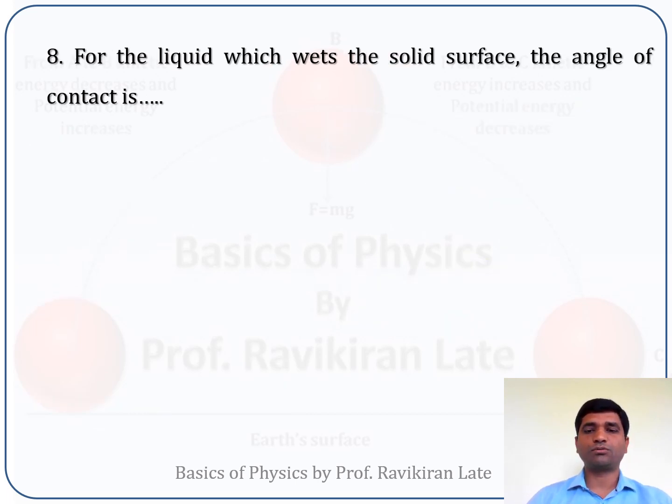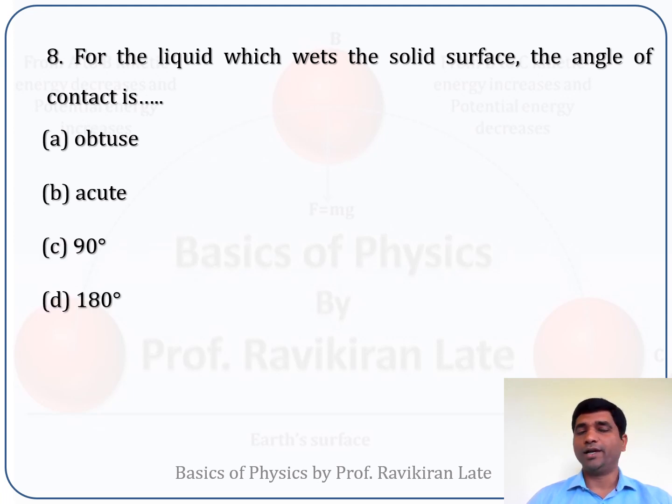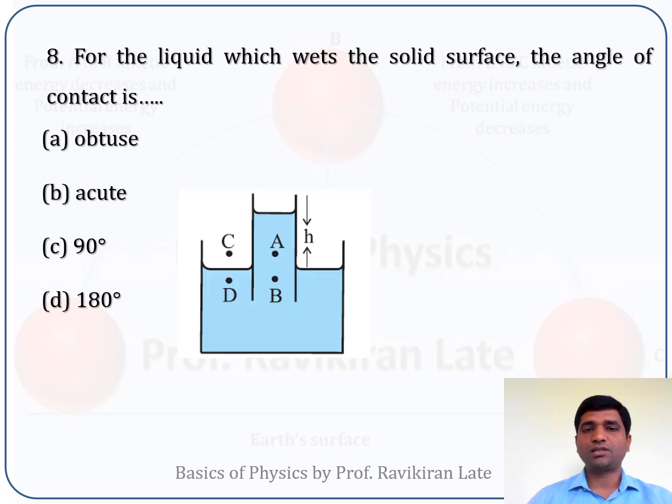Now we'll move to the next question. For a liquid which wets the solid surface, the angle of contact is. The options are obtuse, acute, 90 degree and 180 degree. This is a basic understanding which we have discussed in our earlier sessions as well. Here I'll show you the diagram for capillary action.